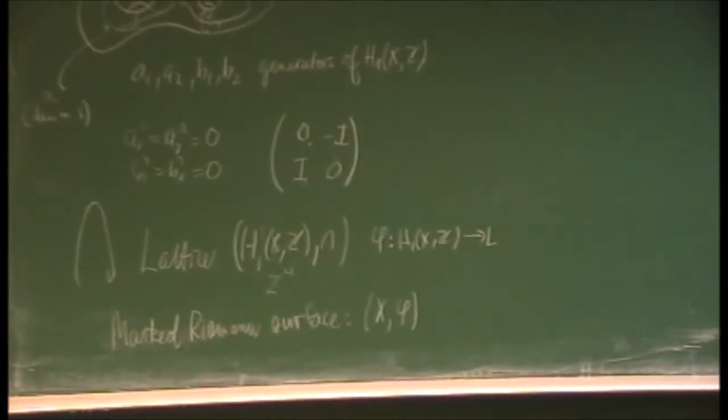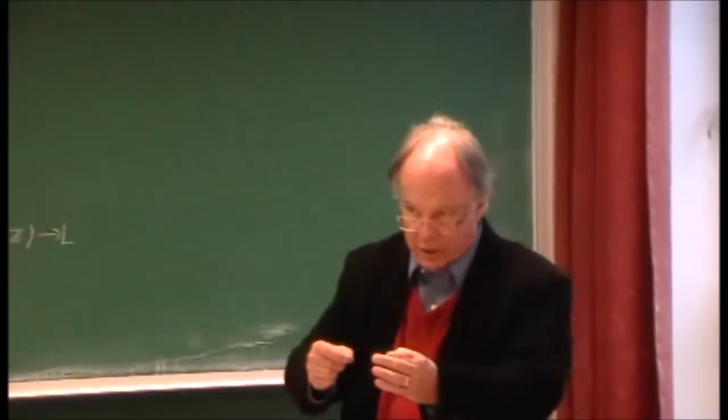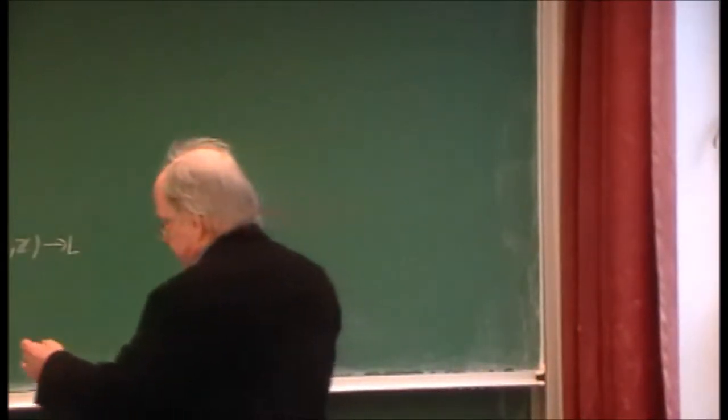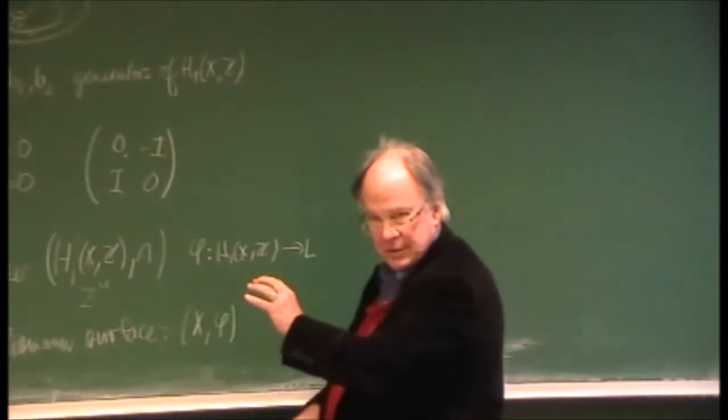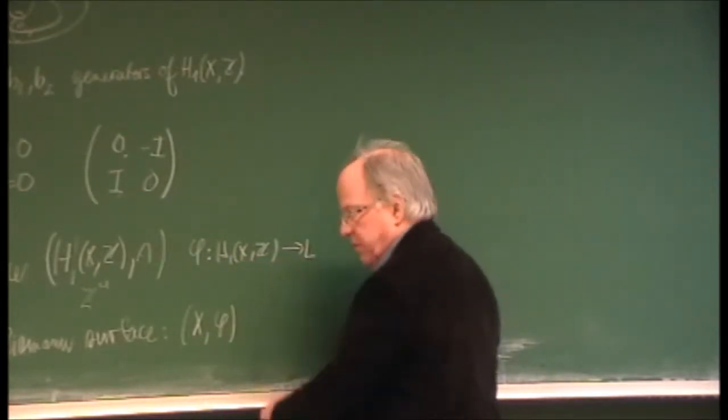It is the surface itself, a complex manifold, with a choice of an isomorphism to a fixed lattice. Now this is abstract, but we have an isomorphism to a fixed lattice.